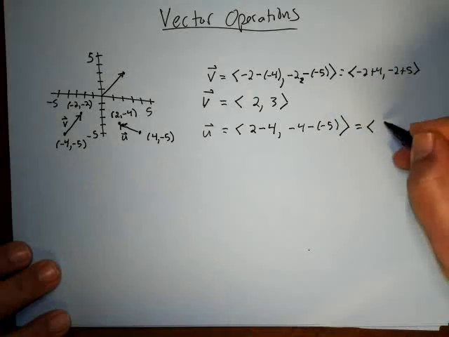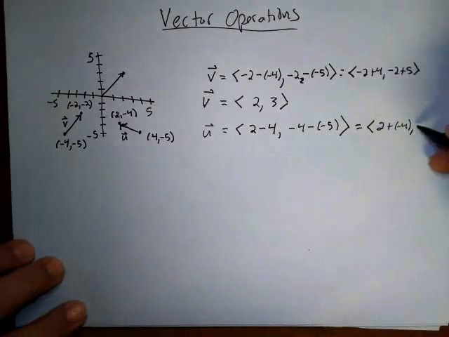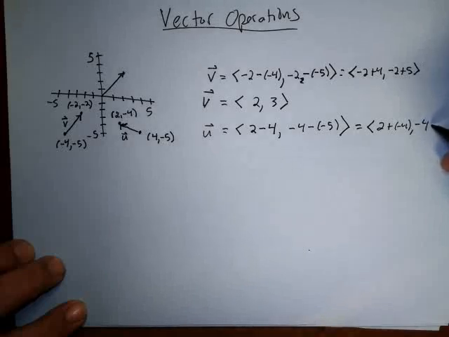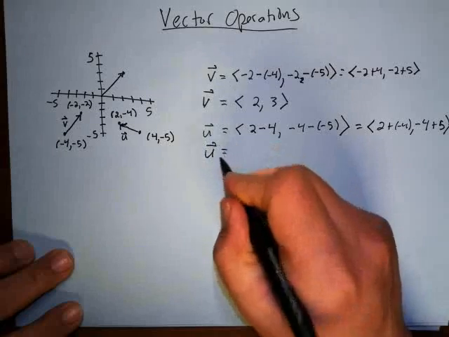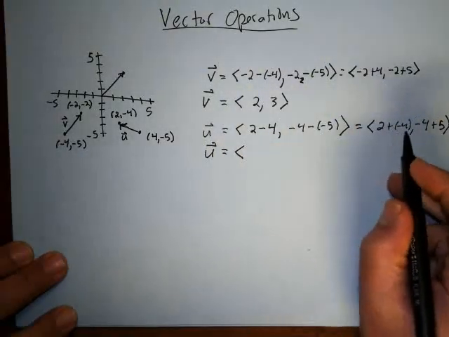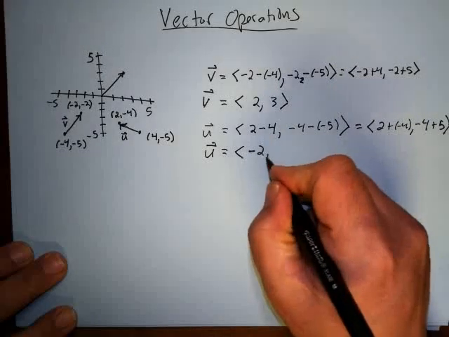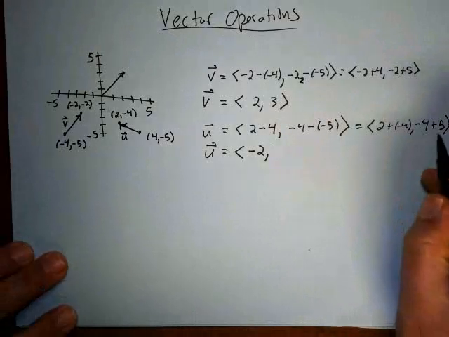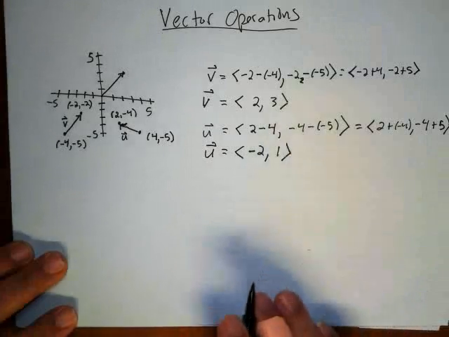Then I could rewrite this as 2 plus -4 and -4 plus 5, and so u would be ⟨-2, 1⟩, -2 for the x and +1 for the y.